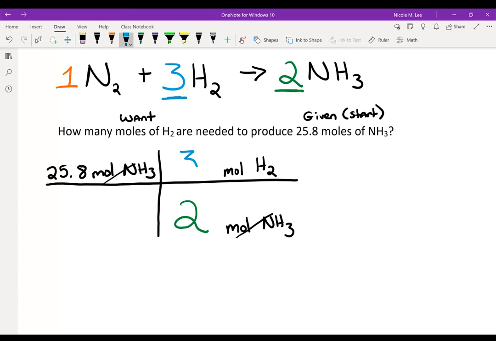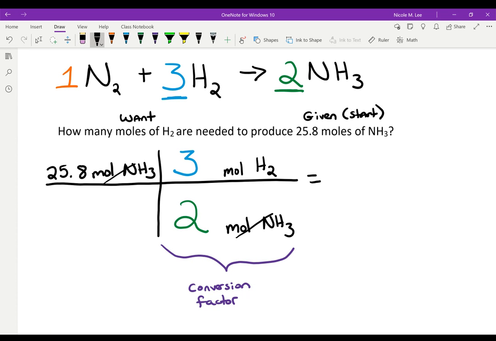So it's going to be 3 moles of H2. Okay, so this is my conversion factor, or my molar ratio here. For every 3 moles of H2 that react, I produce 2 moles of NH3. That is what I've put in my grid.